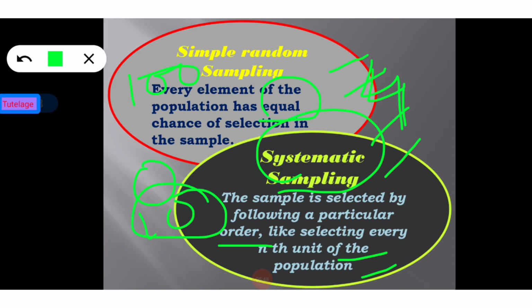So the sample will consist of the fourth, then the 14th, now going to the 24th, the 34th, and so on.